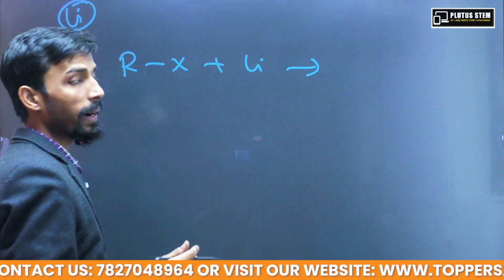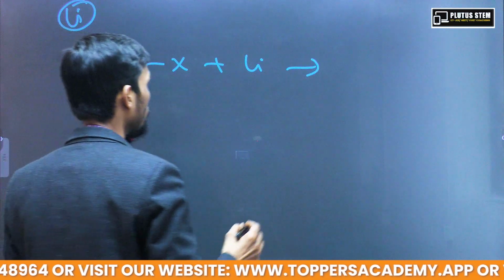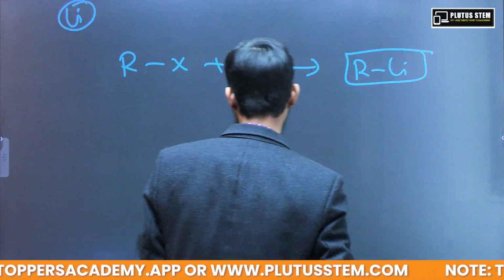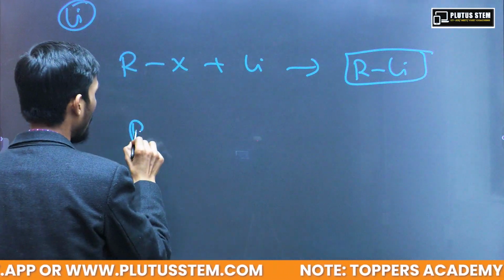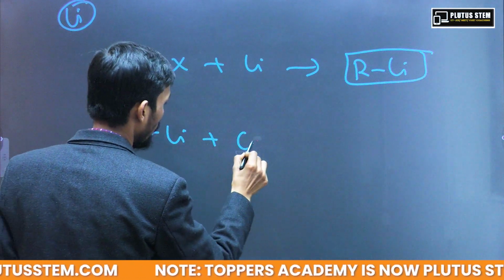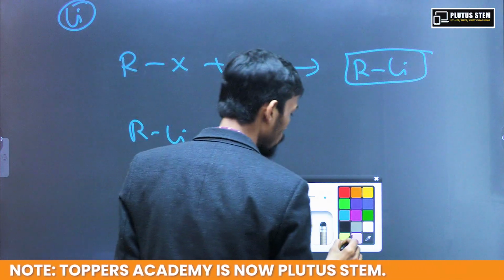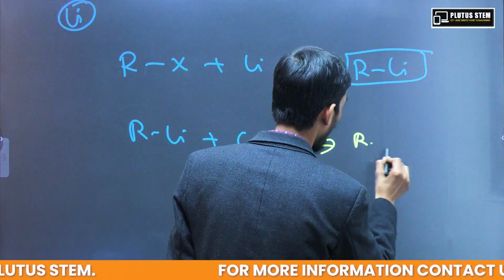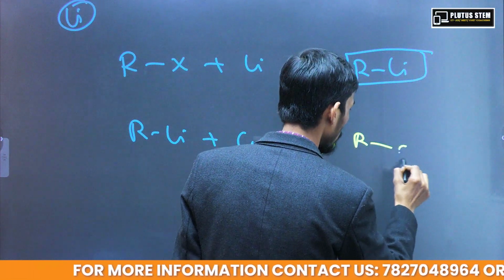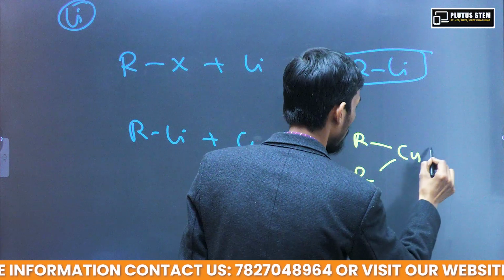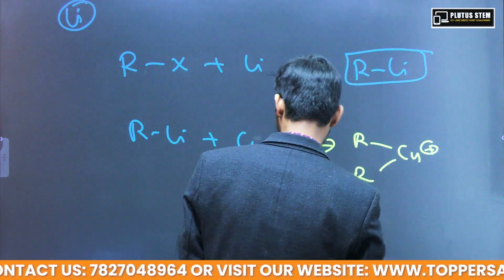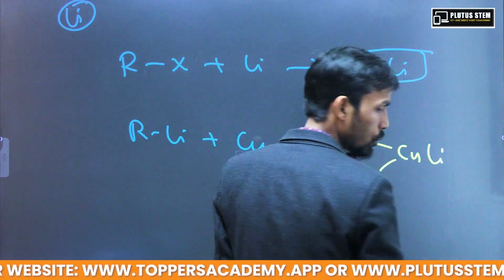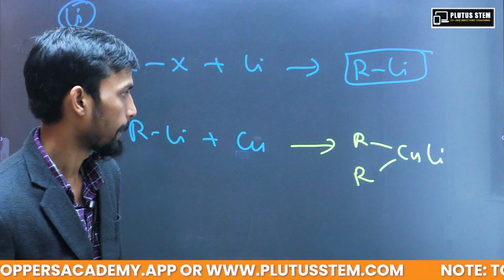It is a transmetallation type of reaction where RLi is being formed, and when this RLi reacts with copper, because copper is having two moieties, it will give us R2CuLi.